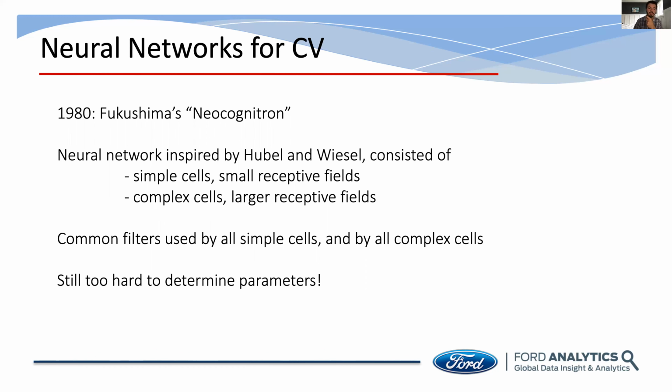In particular, you should have some neurons that are simple cells that only look at small portions of the image and are trying to detect simple things like edges. And then whatever output you get from those simple cells should be fed into and combined somehow by these more complex cells.